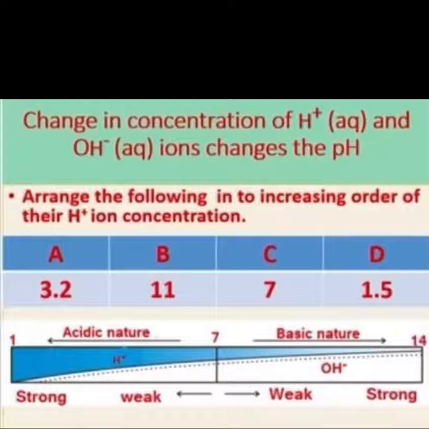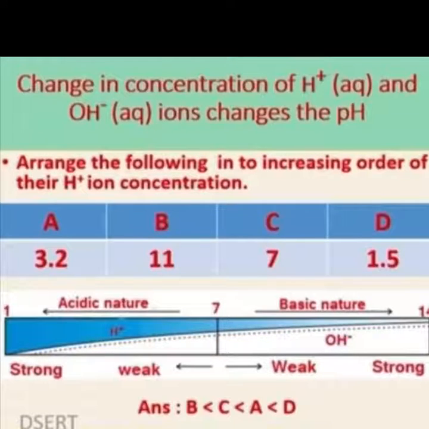That is acidic character is increasing towards left side of the pH scale. Okay, children? The pH value 7 means it is neutral solution. Children, this is the order of their H+ ion concentration. Okay. Solution D having more acidic character. Then A, then C, then B.